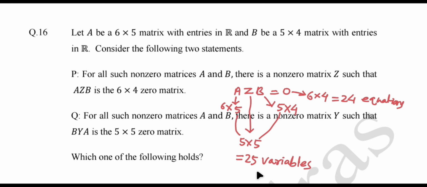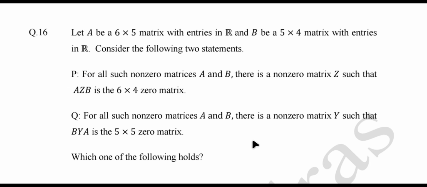Okay, so we have more variables, fewer equations. So we definitely have a non-zero matrix Z, as I discussed in the beginning of this video. If you come across more variables, fewer equations, then you have such a non-zero matrix Z. So our statement P is correct.